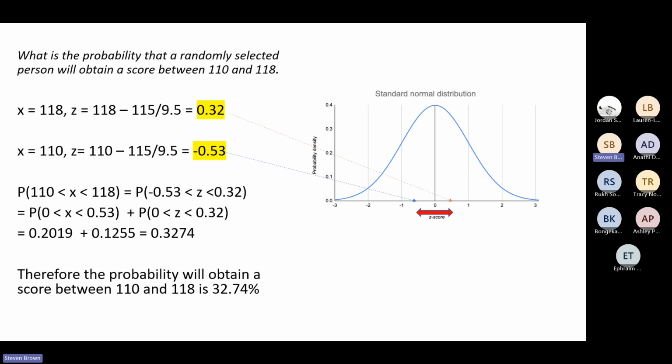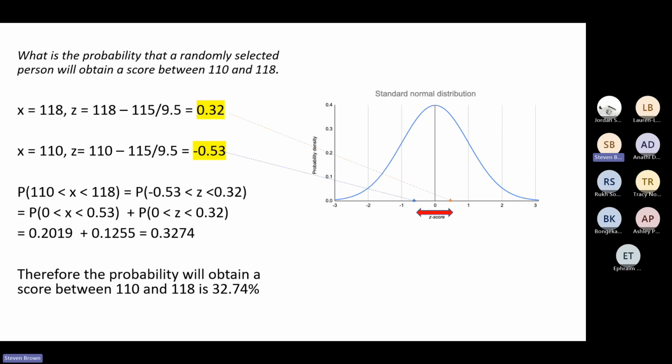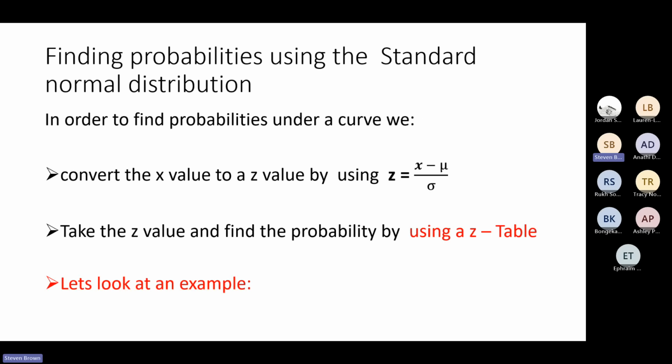All you need to do, and this is the important part, is do two calculations. Let's go back and see what they're asking for, 110 and 118. So you're going to take your 110 and stick it into your formula, so 110 minus 115 divided by sigma.